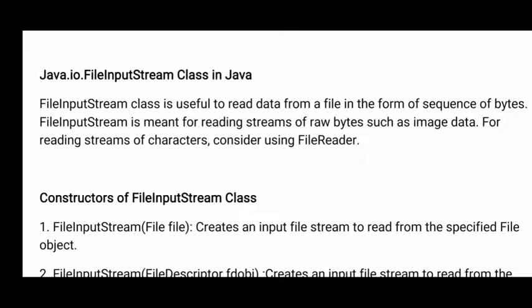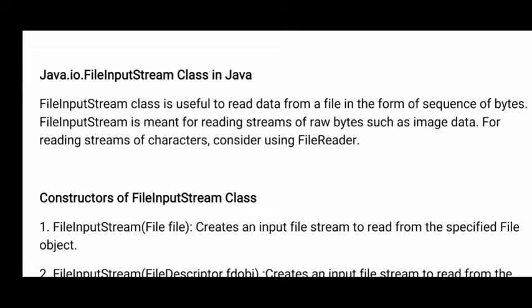Okay, first I'll explain the definition. File input stream class is useful to read data from a file. Example, some data is there in the file, you want to read that data. So here what we are using is the file input stream class, in the form of a sequence of bytes. If it is a file, what is it?